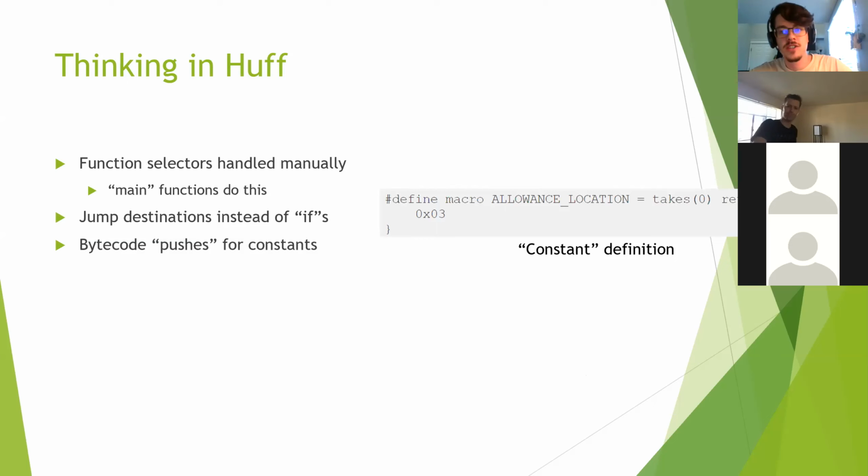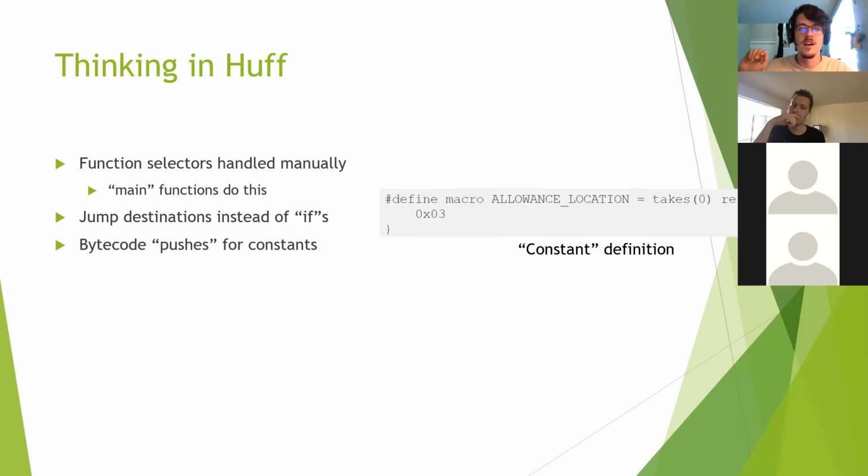And function selectors are handled manually. This is a big deal. Whenever you call a smart contract that is written in Solidity, the handling of function selectors is done implicitly. Whatever function you're calling, 4 bytes of data will be at the beginning of your call, and then the EVM will find the correct function that matches those 4 bytes, and you can start performing operations using that function.